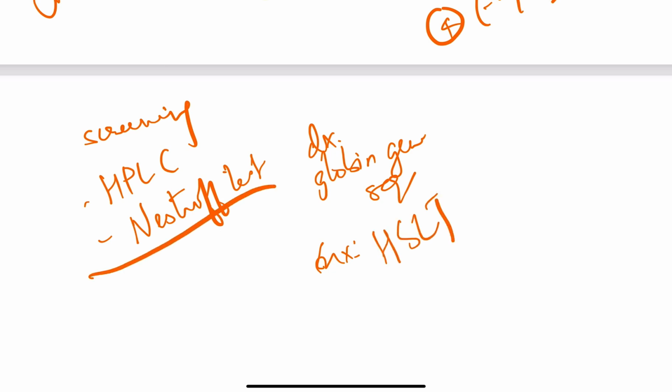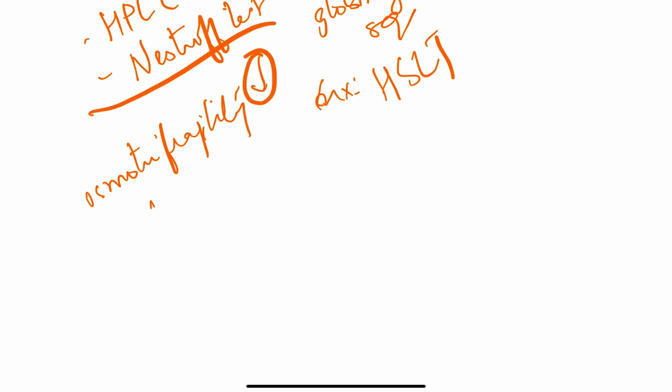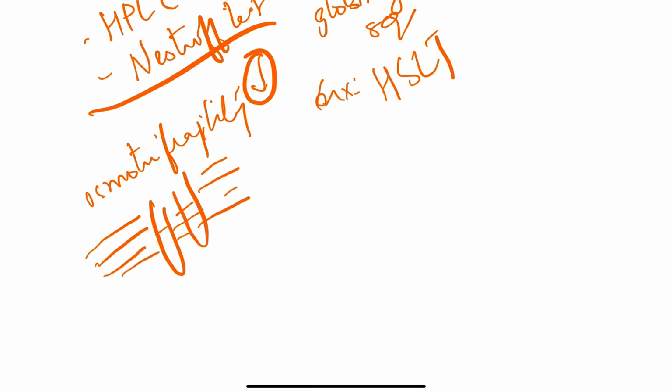Now, quickly talking about the Nestrov test, the idea behind the test is that osmotic fragility reduces in thalassemia. So you take 2 test tubes, and you place the test tubes against a paper, and if you can see the 2 lines through the test tube, that means hemolysis has occurred, right?